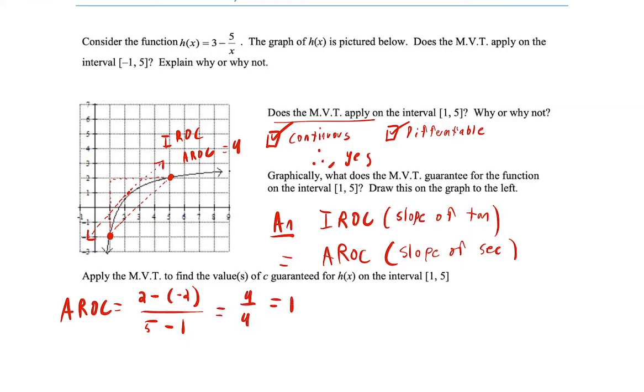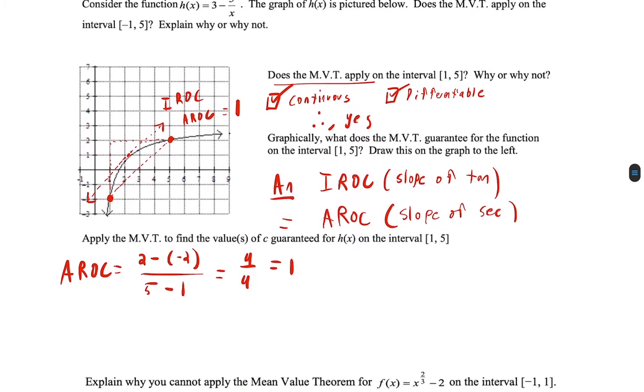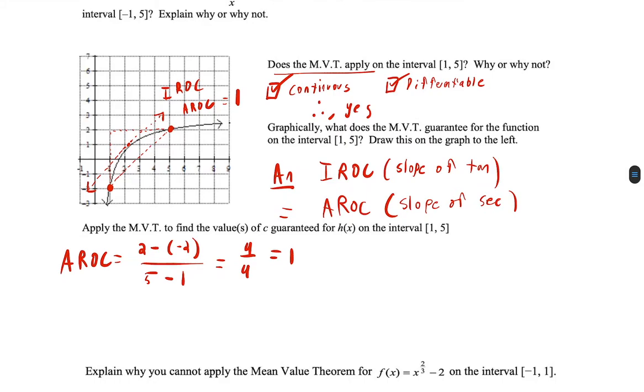Oh, wow, okay, that was dumb. I had an error, that's why you do the math. The slope there is 1, not 4. So we have an average rate of change of 1. And so what the mean value theorem guarantees is at least one f prime of x, or typically we say c, is equal to 1.